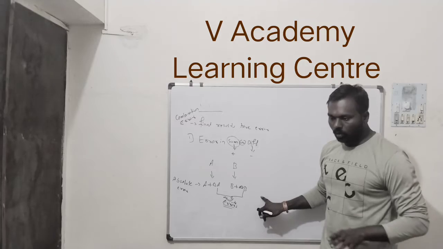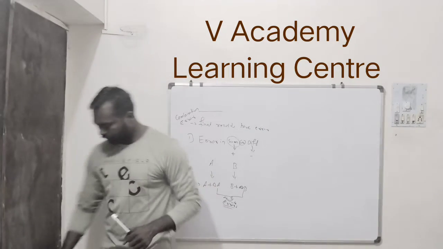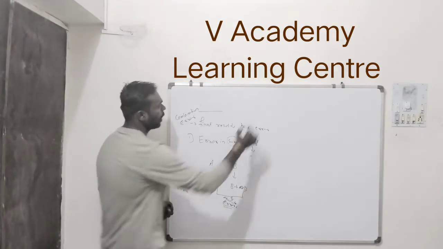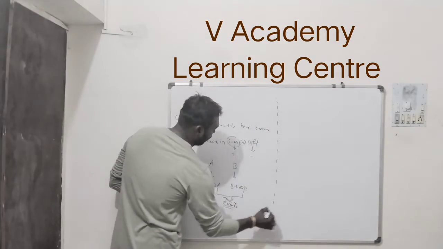Clear? No doubt? Okay. Now delta A and delta B we take as absolute errors.